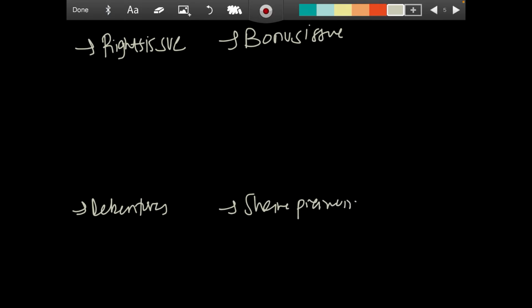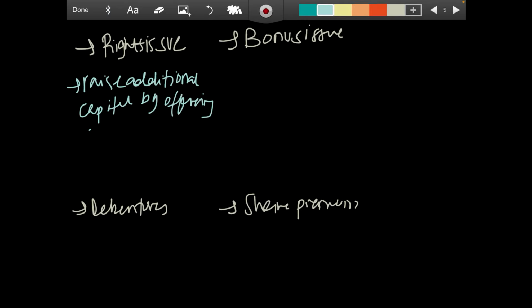I will try to explain them. Okay, so a right issue is when a public limited company usually raise additional capital by offering shares to public at large. This basically means rights issue is to issue shares to public.